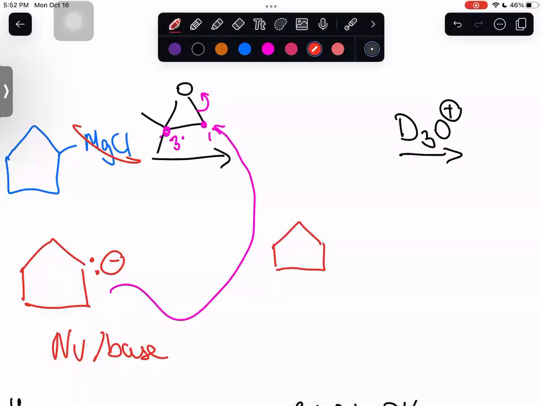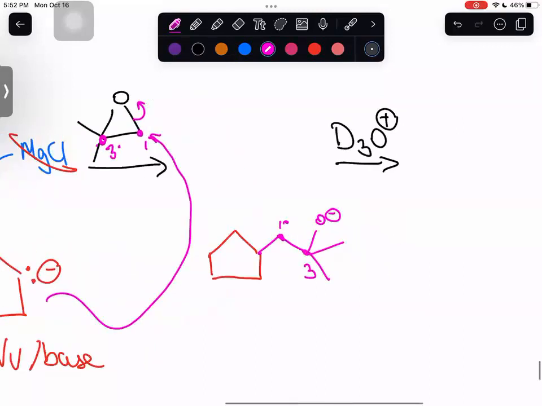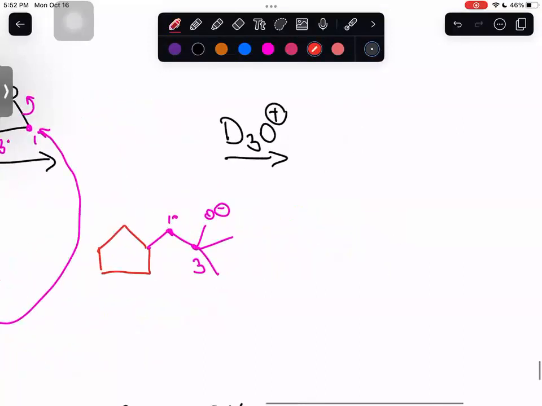I have my new connection to the primary one. This guy's primary, this guy's tertiary. And then we have our little acid, so acid-base reaction.